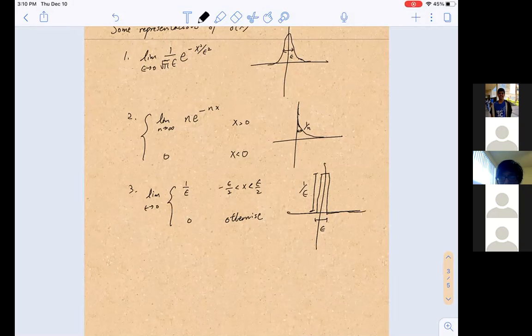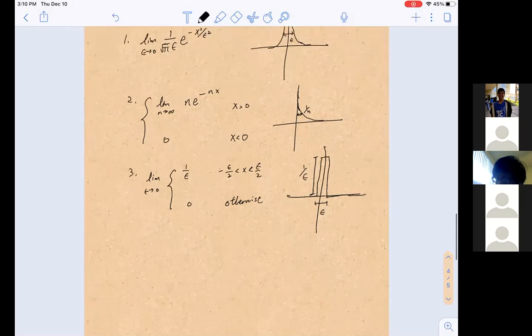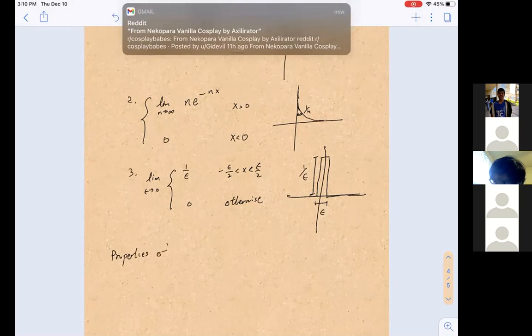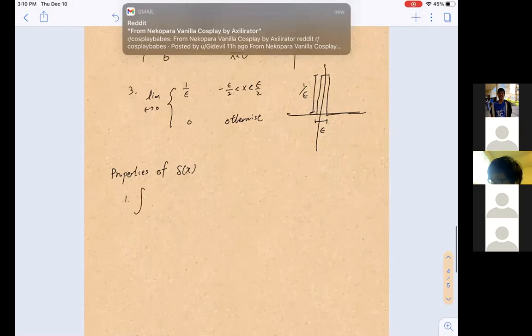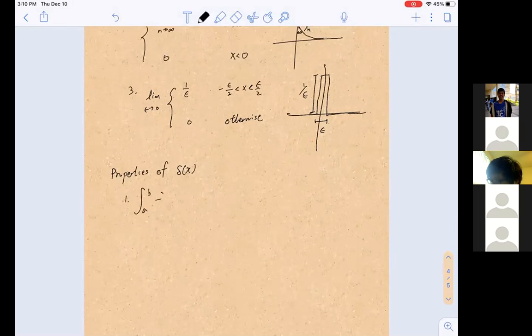Okay, so what are some properties of this thing? Well, if you integrate it along with some other function, you just pick up the function evaluated at that peak. But this is true only if your interval includes that peak.